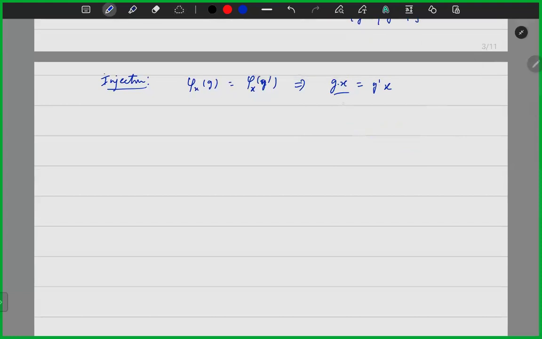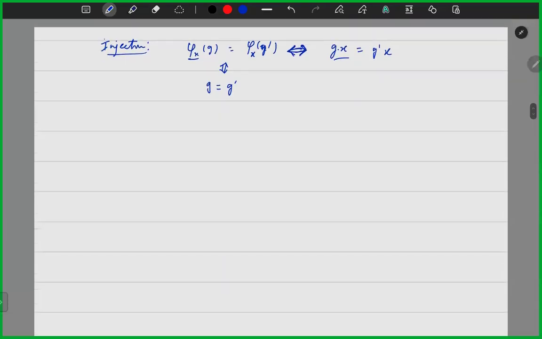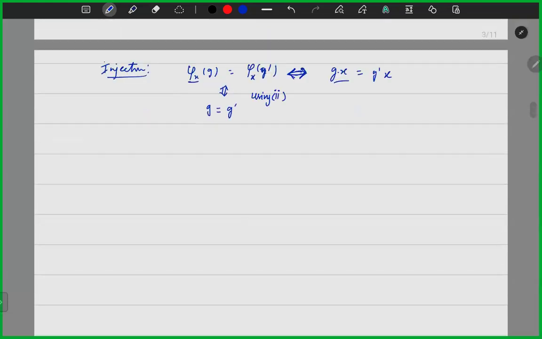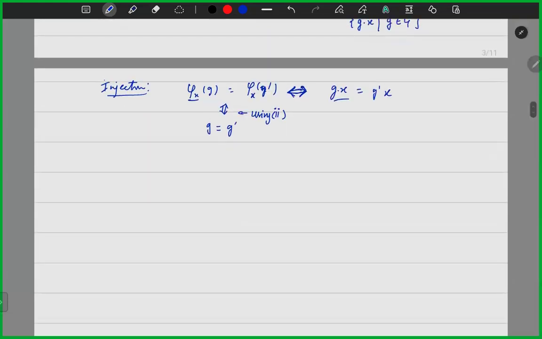By default, my phi x is defined like this. And this is if and only if g is equal to g prime by part A, using 2. So this is our injective.